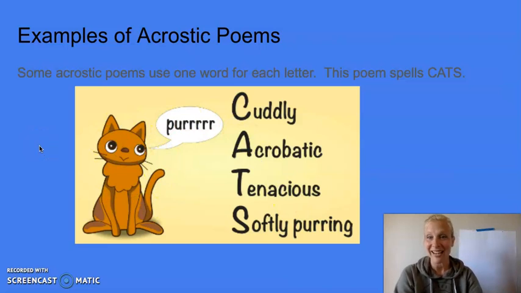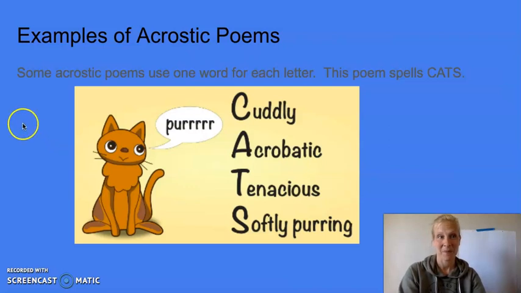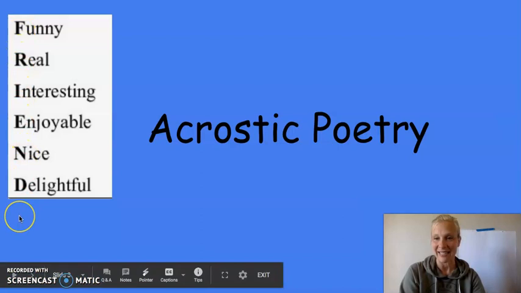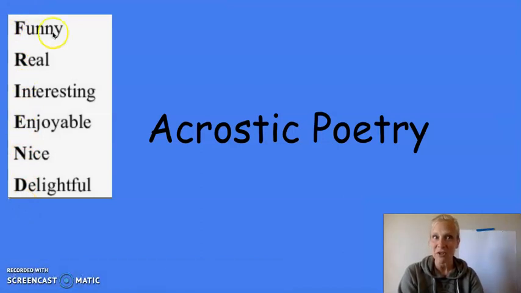Let's look at another acrostic poem. This one says the word F-R-I-E-N-D. What word is that? F-R-I-E-N-D. Yeah, that's the word friend. So each of my words that I use in my acrostic poem has to describe a friend.